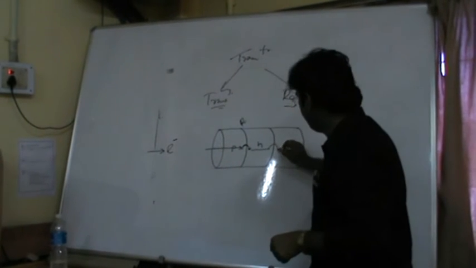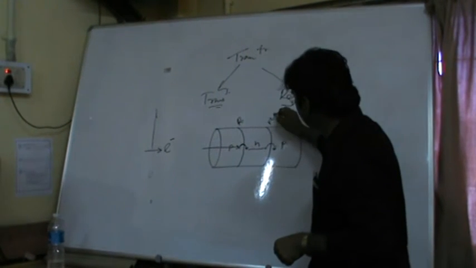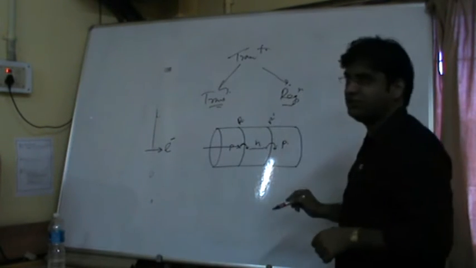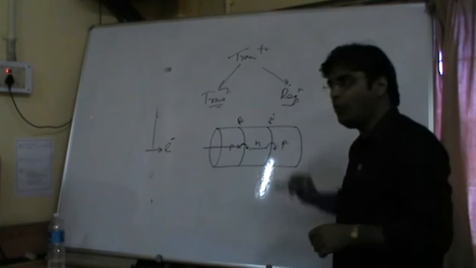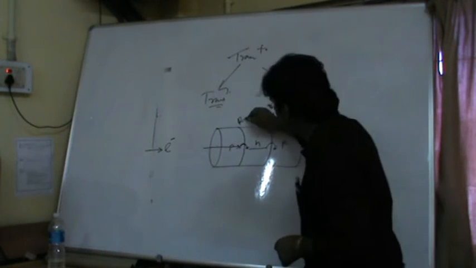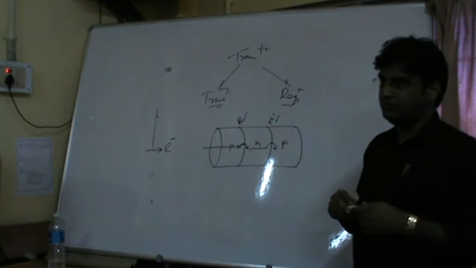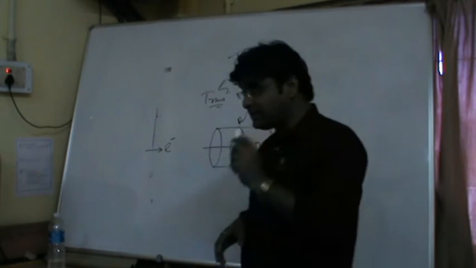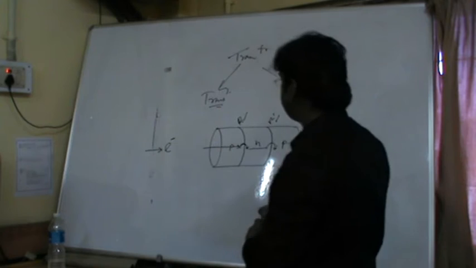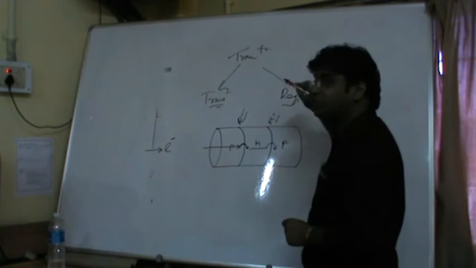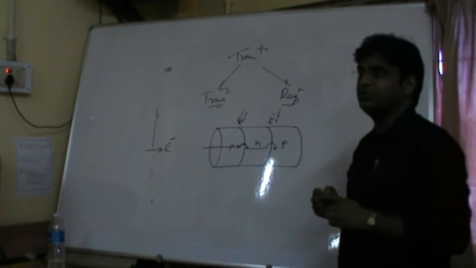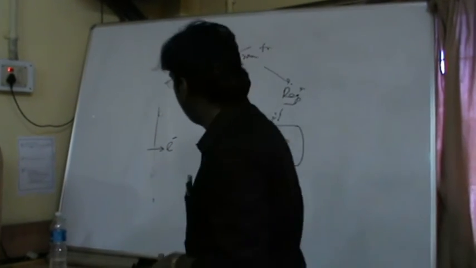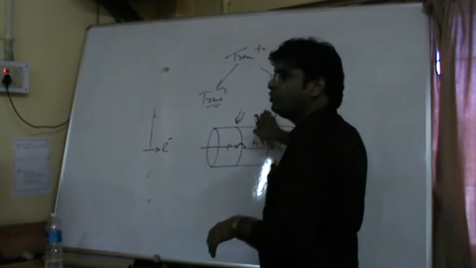That means the resistance of this junction is low. It is low resistance compared to this one. Is it clear or not? Clear? So we can say that the resistance is transferred from this junction to this junction. Yes or no? Resistance is transferred from this junction to this junction.